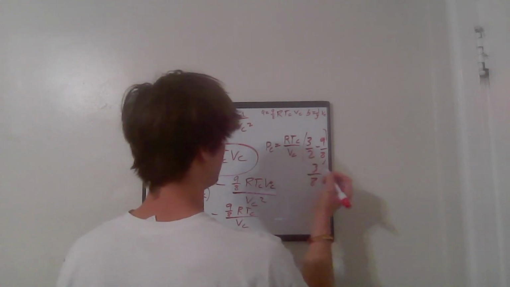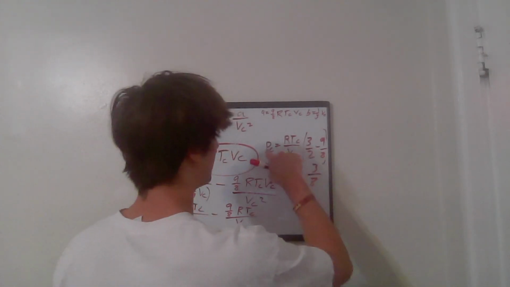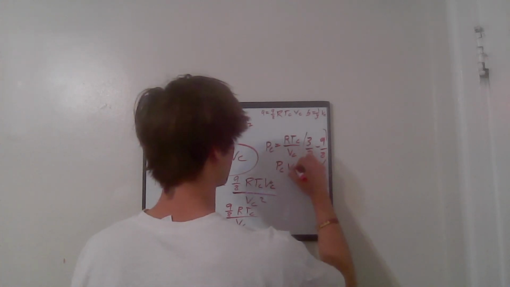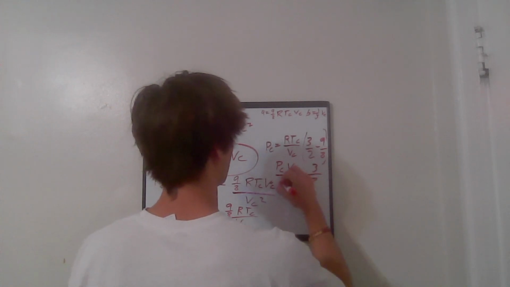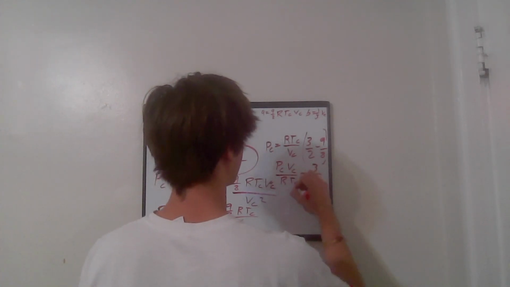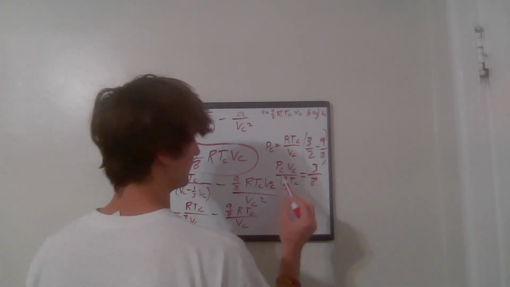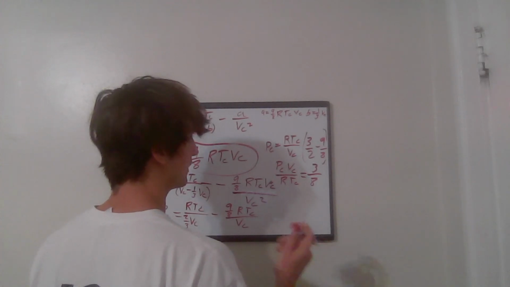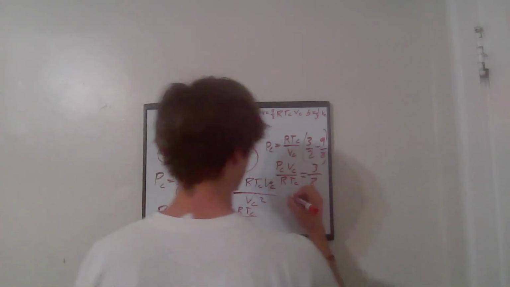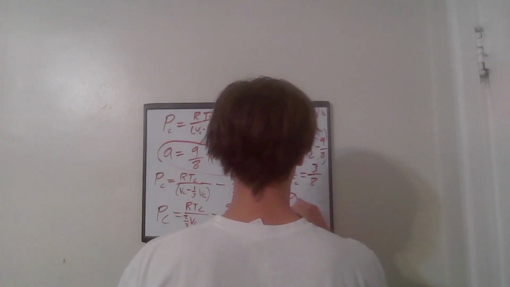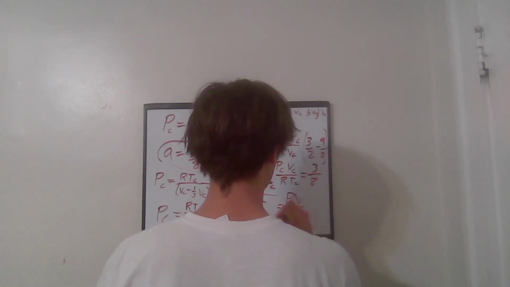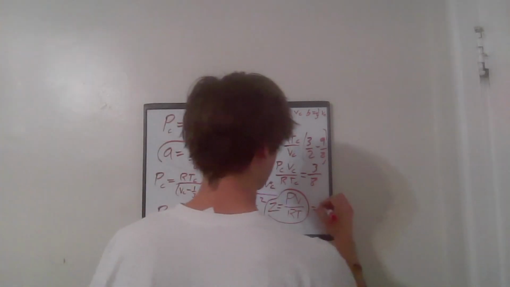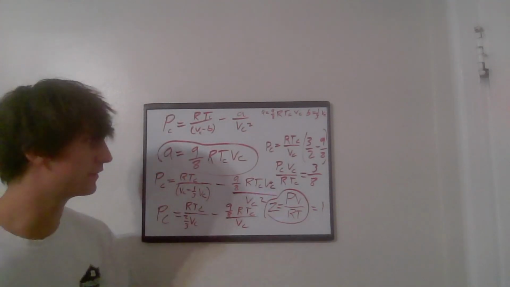We multiply that VC on the other side and divide by our RT. We get critical pressure times critical volume over R times critical temperature. And this is going to help us because this is going to be our compressibility factor. This is the way we find Z, because PV over RT is equal to our Z right here, which is usually equal to 1, whatever the compressibility factor is.